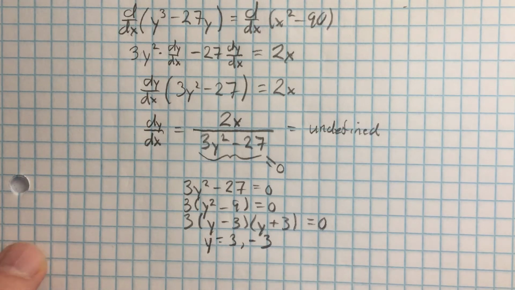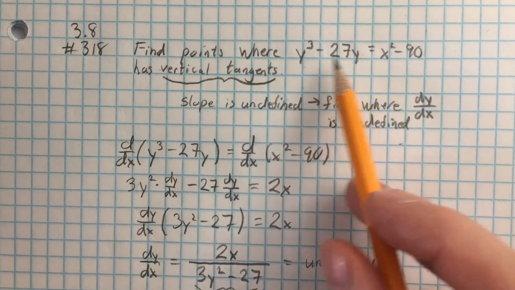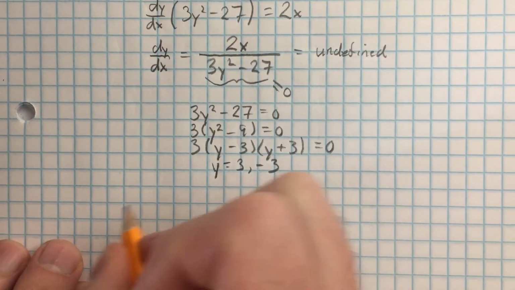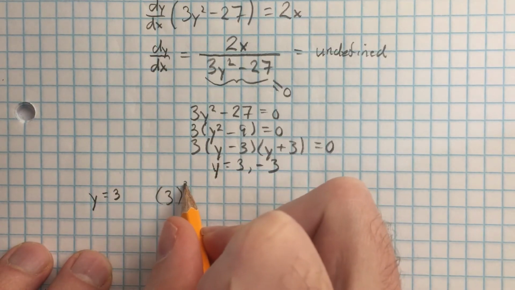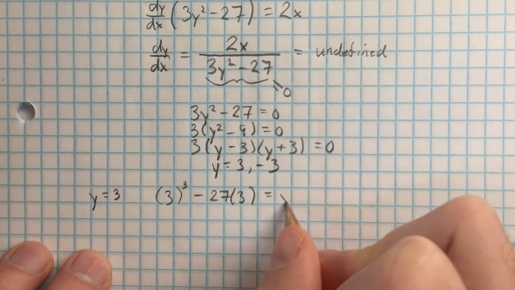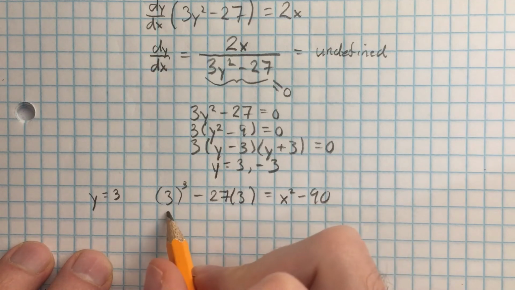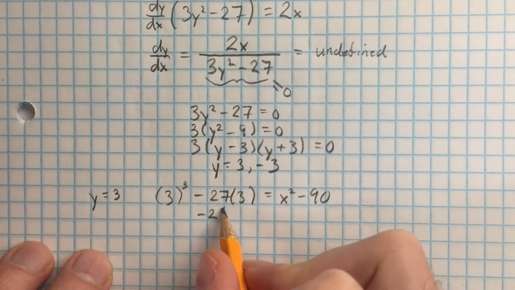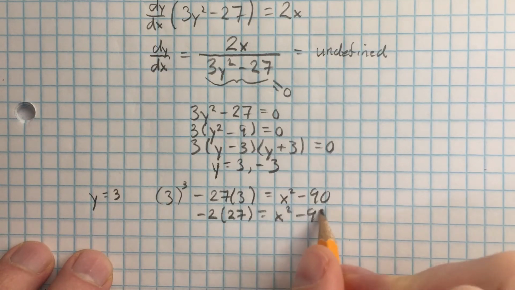coordinates. So I have to plug these back into the original equation here, if I suppose that y is 3, right, for y equals 3, the equation would read 3 cubed minus 27 times 3 equals unknown x squared minus 90. We'll have 27 minus 3 27s, of course, negative 2 27s. And that will equal x squared minus 90.